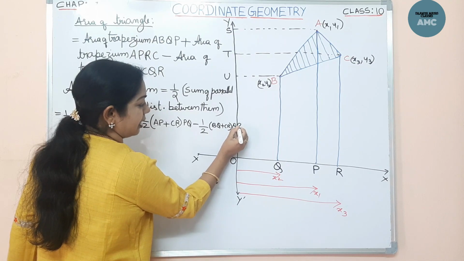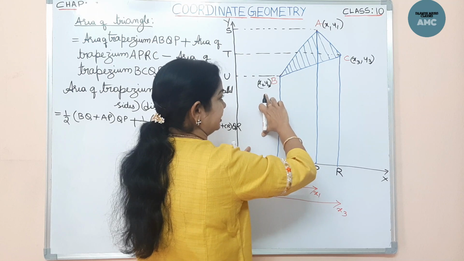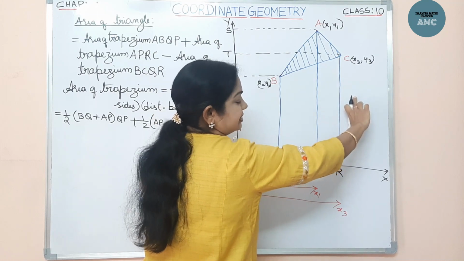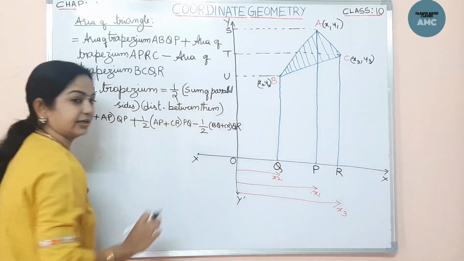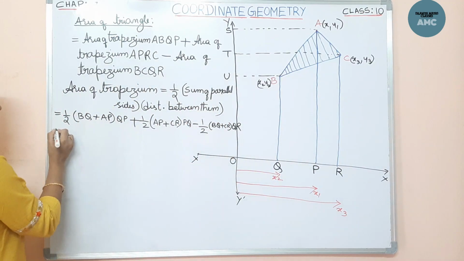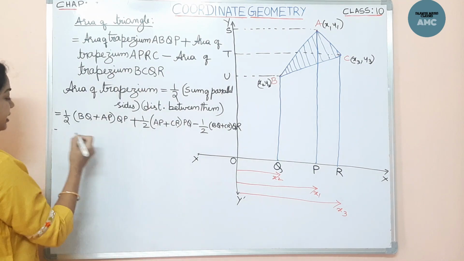The unshaded trapezium BQ and CR are the parallel sides. Distance between them is QR, right? Now, let me write all these terms in terms of the coordinates, right?